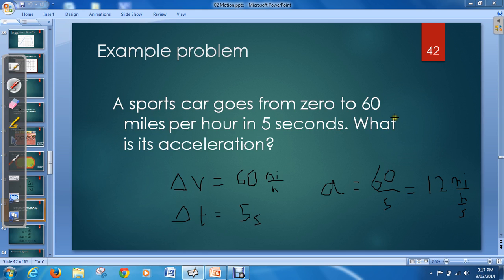If we were doing meters per second for this example, then our unit would be 12 meters per second per second. So changing 12 meters per second every second is the same as 12 meters per second per second.